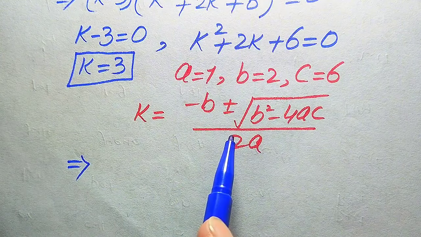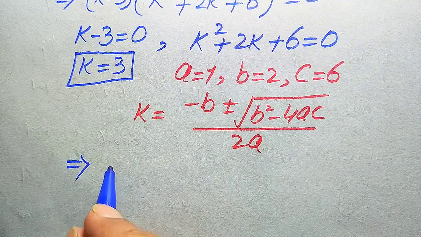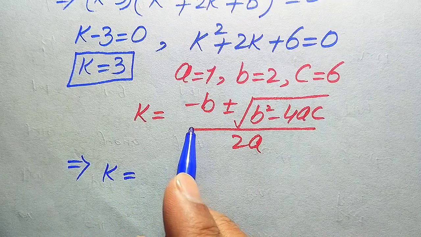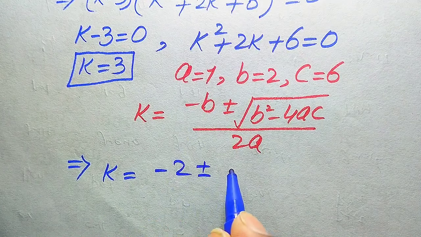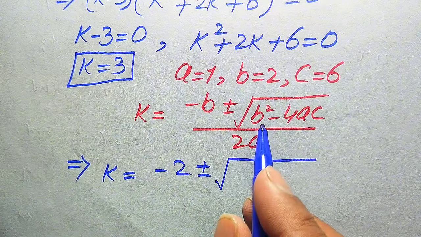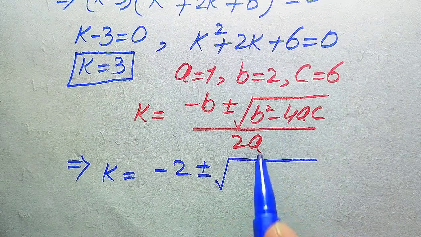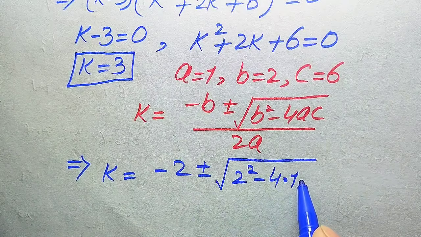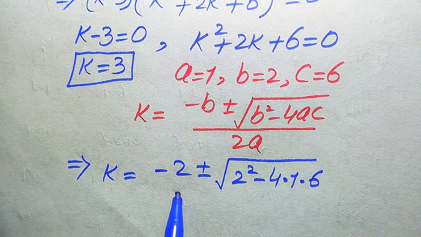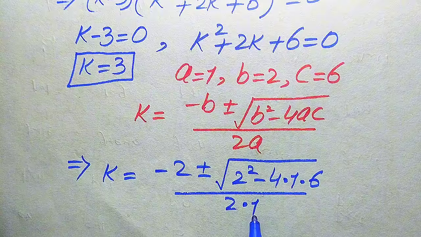So when you put all of these values here, we have k equals minus b, the value of b is 2, so it becomes minus 2 plus minus square root of b square, where b is 2 square, minus 4 times a is 1 and c is 6, and it is divided by 2 times a.